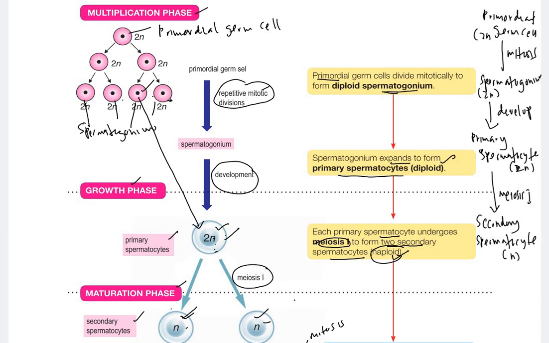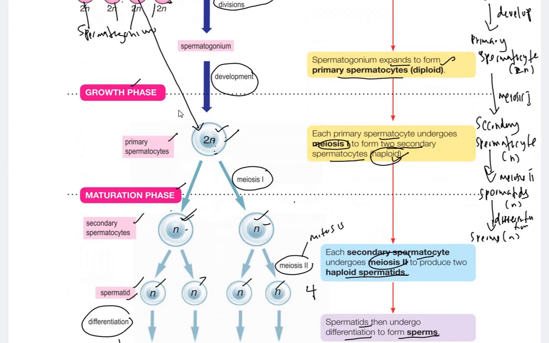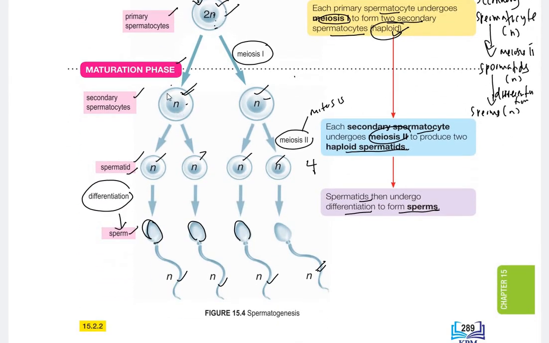Okay, and then it undergoes meiosis 2 and produces spermatids, also N. Then the spermatids undergo differentiation to produce sperm, also N, and this one you must remember. So these are the processes of spermatogenesis.